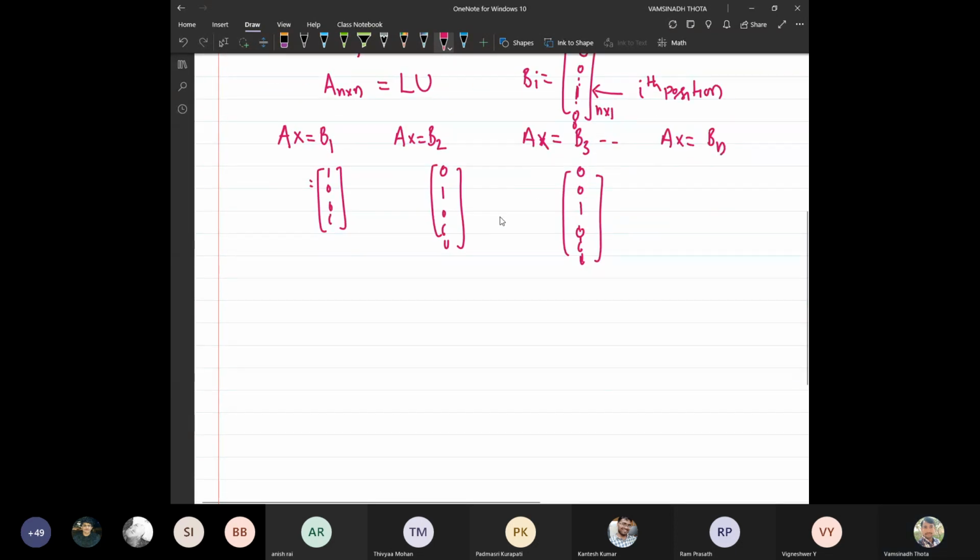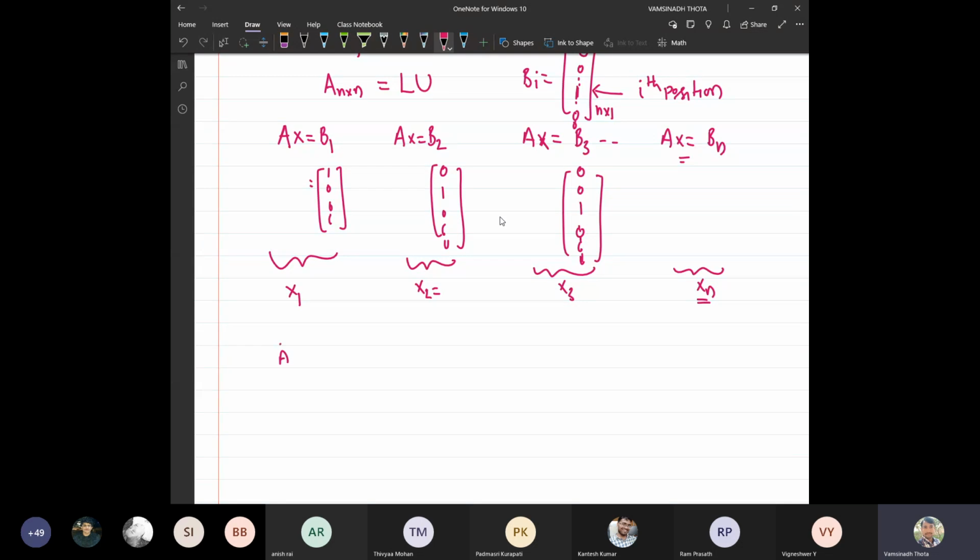Now this is one system. Assume that x1 is the solution for this system, and x2 is the solution when the constant matrix is B2. And assume that x3 is the solution when the constant matrix is B3. And assume that xn is the solution when the constant matrix is Bn.